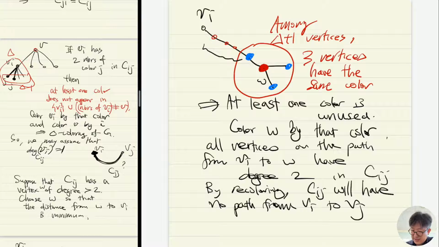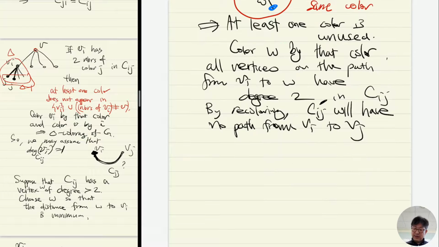Let me say Cij prime. In the new coloring, there will not be any path from Vi to Vj, because everything else has the same coloring, so you still have the same component structure, but this was a path. There's no way out because every vertex has degree 2, and we are cutting here. So that means Cij prime doesn't contain Vj, so that's a contradiction.